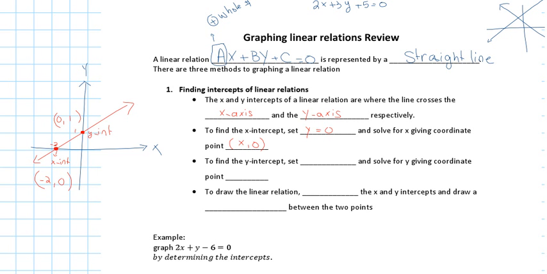Now, to find the y-intercept, what do I have to set equal to 0? X. Because you see, x is 0, y is whatever the value is. Okay? So set x equal to 0 and solve for y, giving coordinate 0, y.